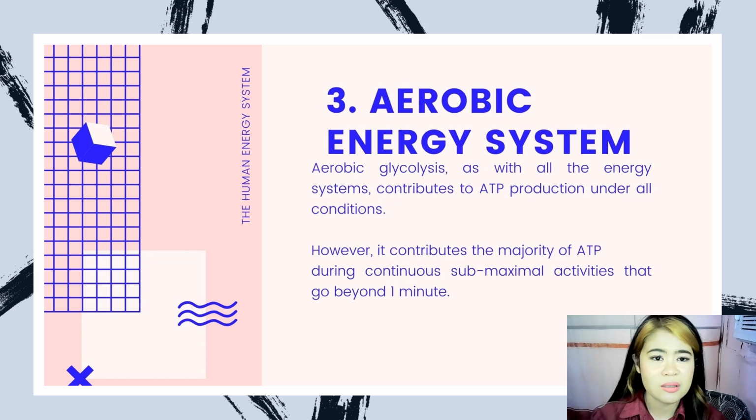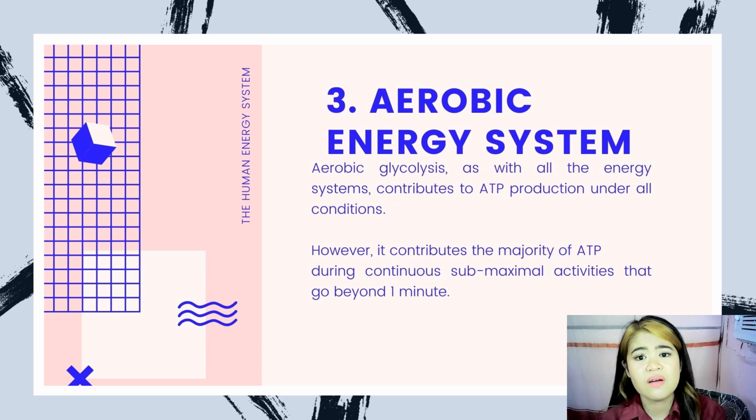Fat requires a complex series of reactions that depend on oxygen within the muscle cell's mitochondria. Protein is similarly metabolized for ATP production but only under extreme conditions. The body's supply of fat exceeds even the physical requirements of a highly trained athlete.